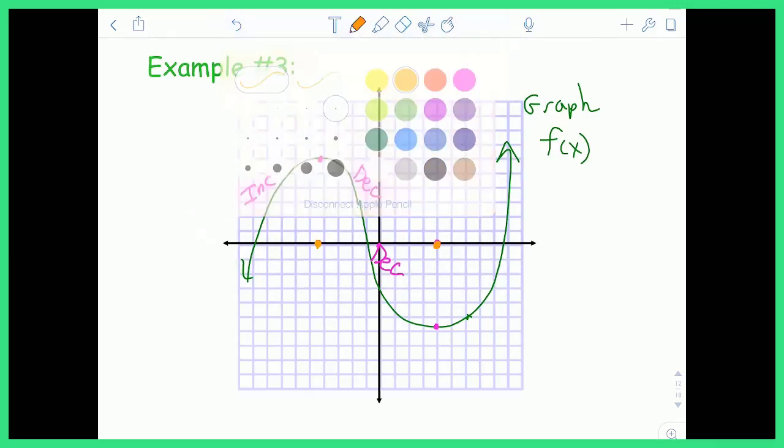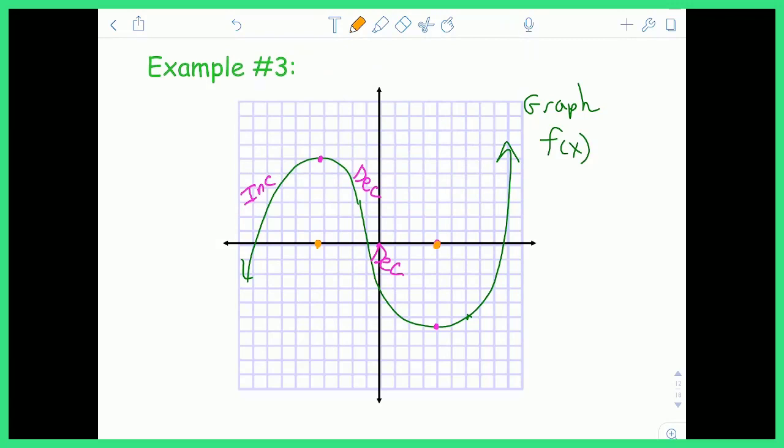I think I'm ready to sketch. So I'm going to make sure that to the left of this value right here, I'm going to be positive. So we're going to go something like this. And then I'm going to go into the negative region all the way until I get to this point. Again, I'm estimating where I'm going to drop this function.